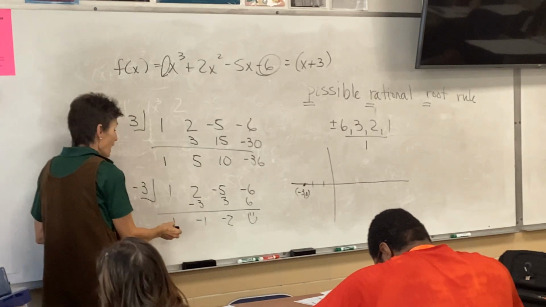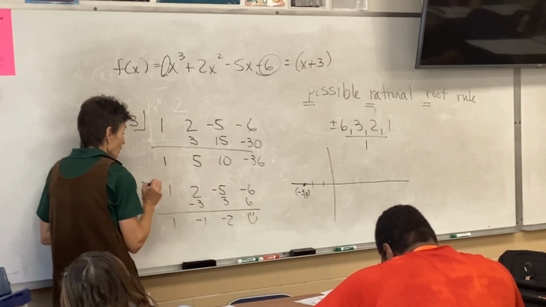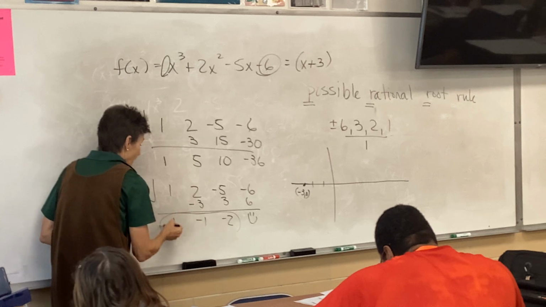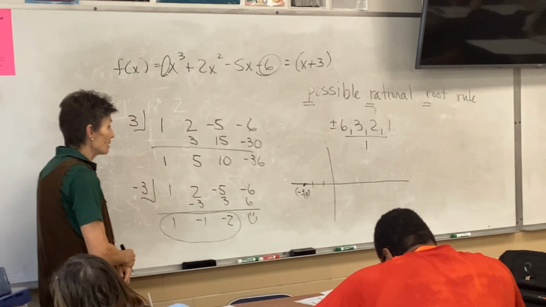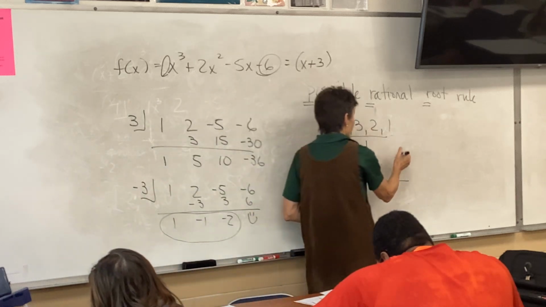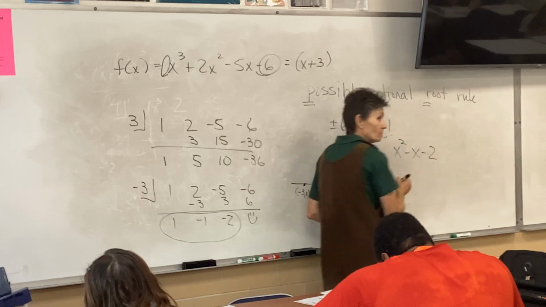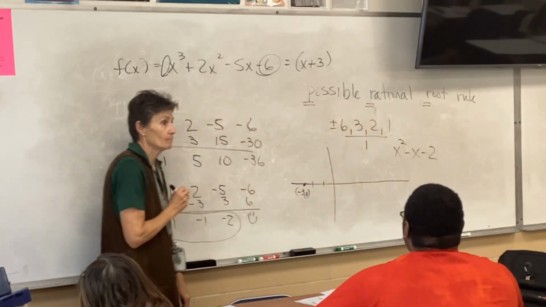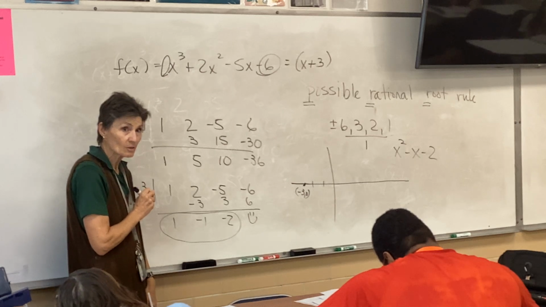Now, what was left after I did the division? I got the 0. What is this stuff that's left right here? Well, it's x squared minus x minus 2. Does that factor?